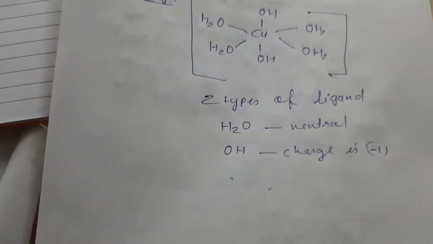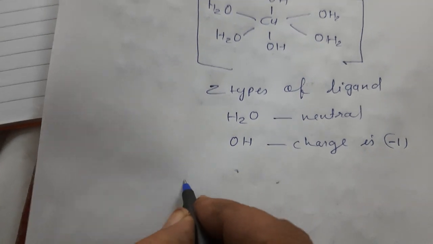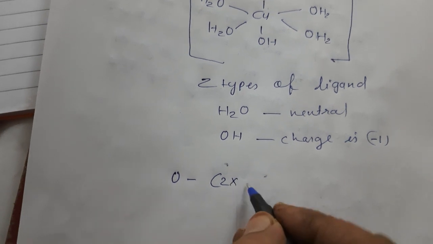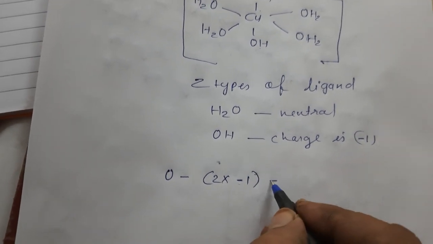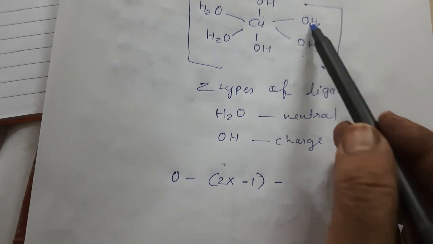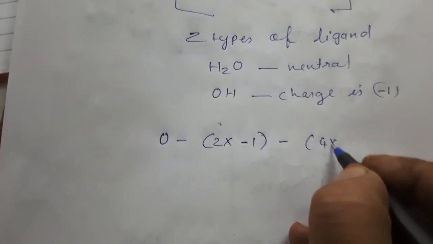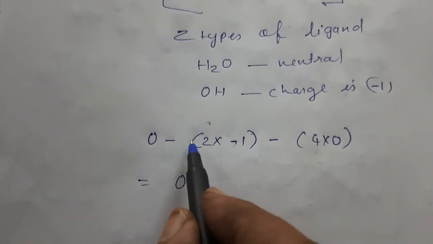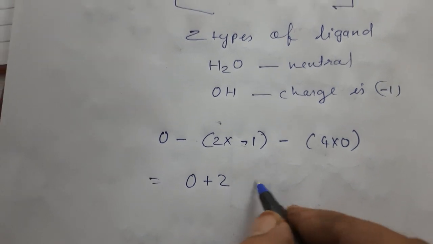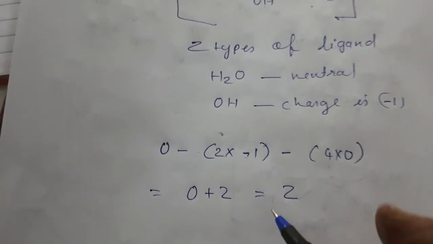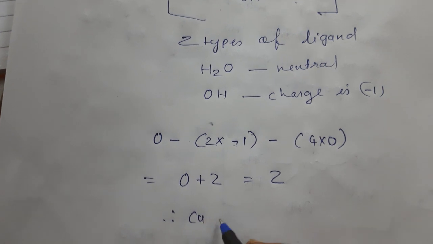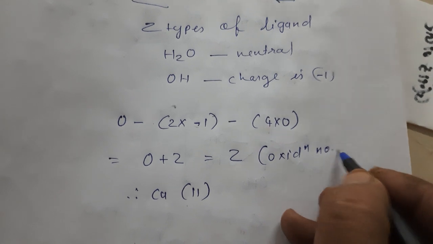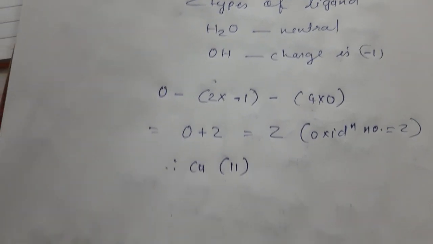Okay, so how many OH are there? Total charge is 0. So 0 minus, दो OH है ना बेटा, तो 2 into -1, minus, and H2O are 1, 2, 3, 4, so 4 into 0. So it will become 0 plus 2 is equal to 2. Okay, so it will be again copper 2. That means oxidation number is equal to 2.